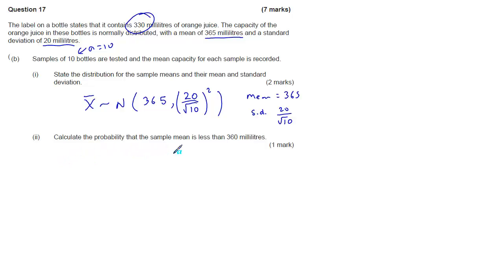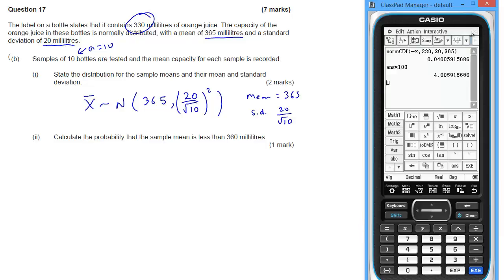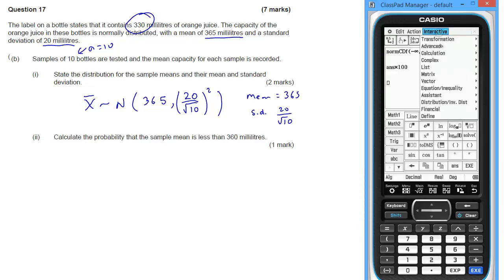Calculate the probability that the sample mean is less than 360 milliliters. So that's just calculator work again.